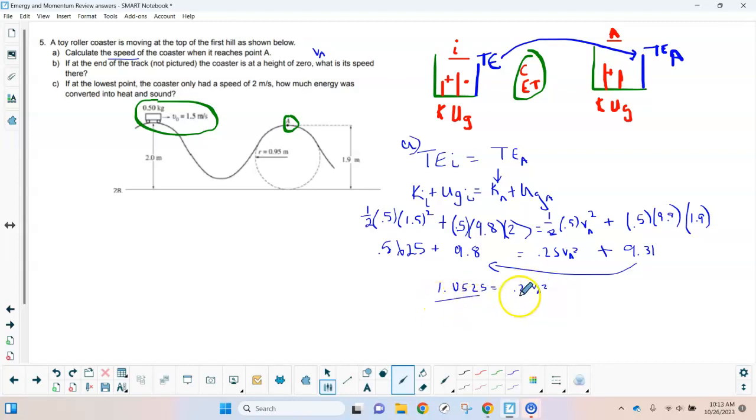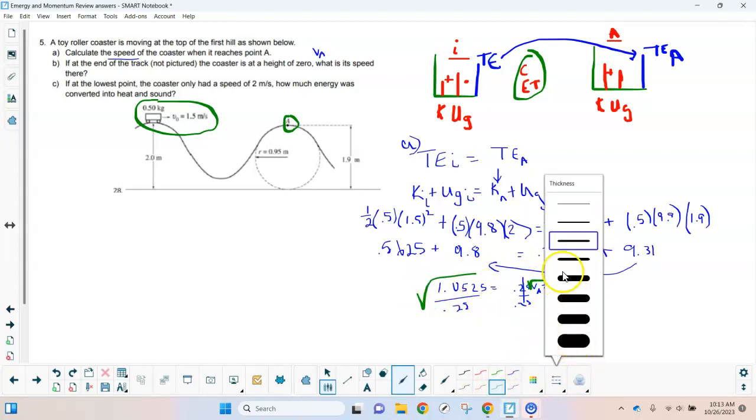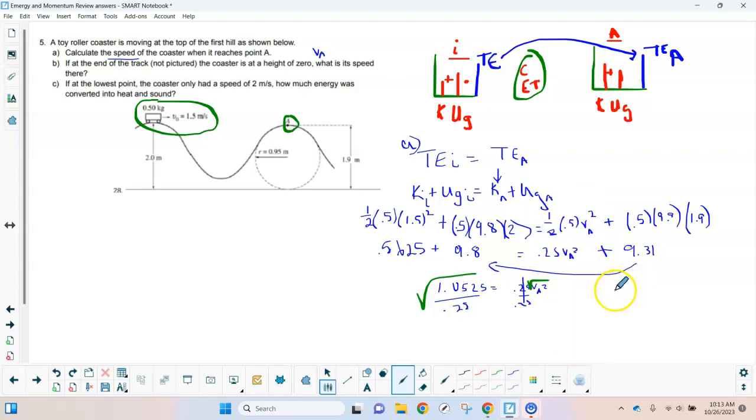And then you divide by 0.25 on both sides. So it cancels out over here. That's VA squared. We don't want squared, so we got to take a square root of that value. And finally, for the answer for VA, you should get, at position A, the velocity I got was like 2.052.